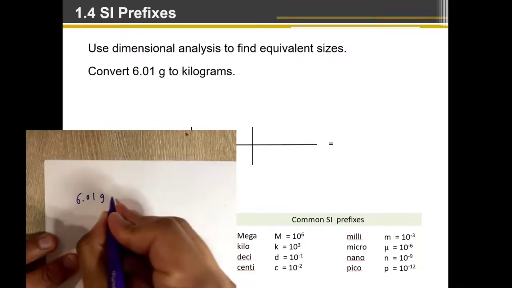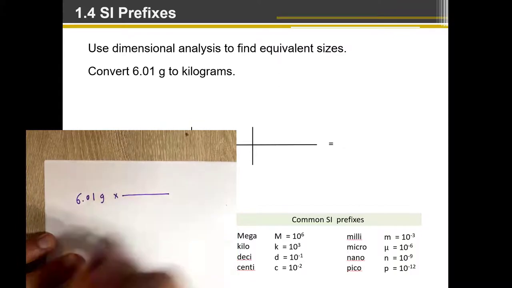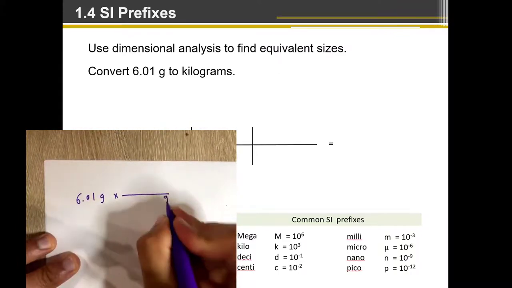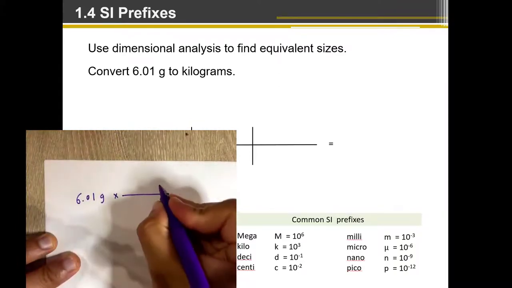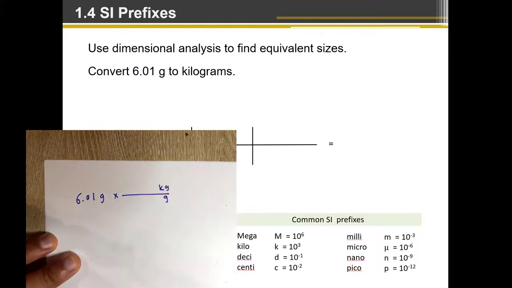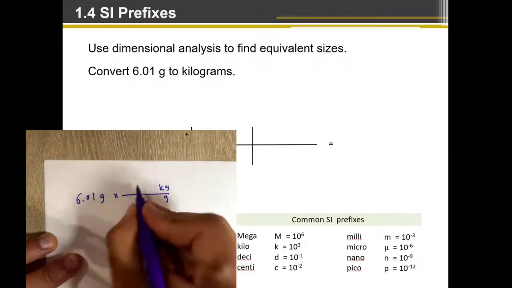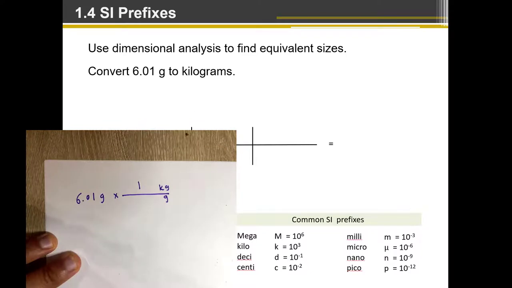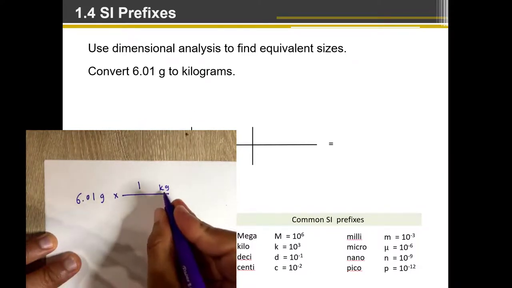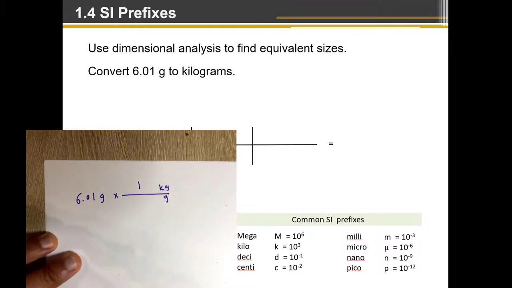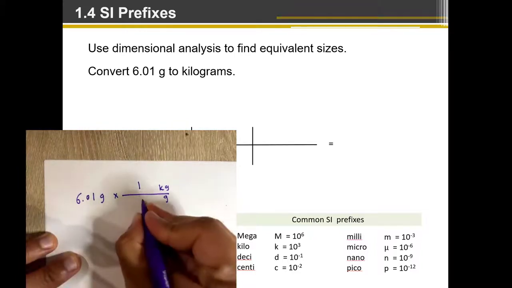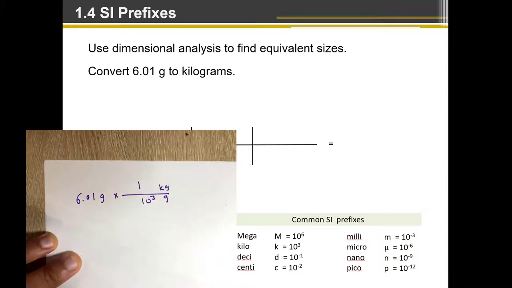So you will multiply it times the conversion factor that has grams in the bottom and kilograms on top. Usually you will have 1 for the unit that has the SI prefix, and the conversion factor will be associated to the base unit. So a kilogram corresponds to 10 to the power 3 grams.